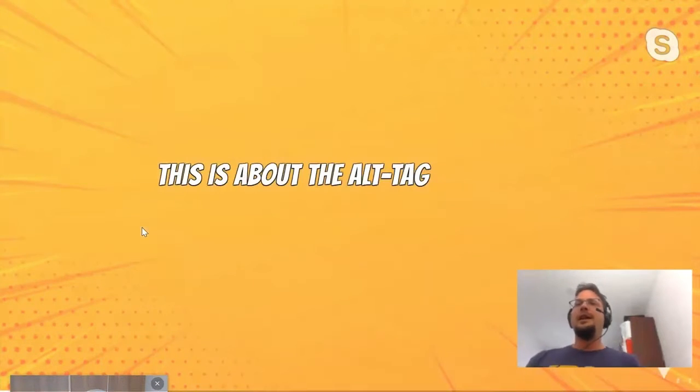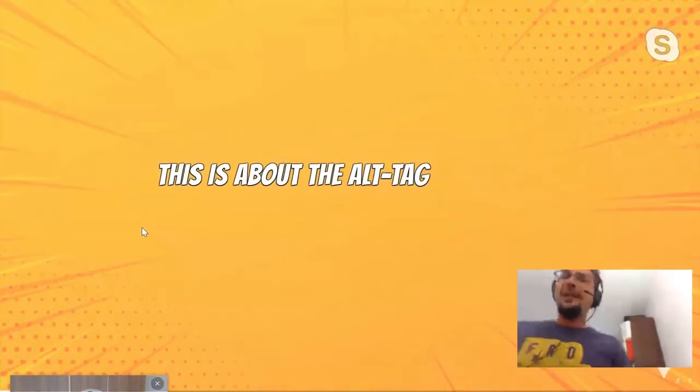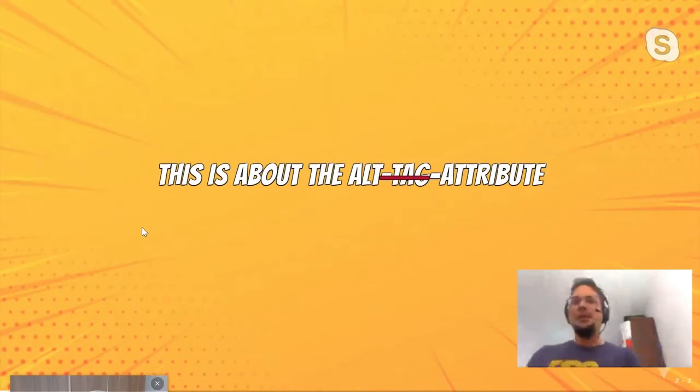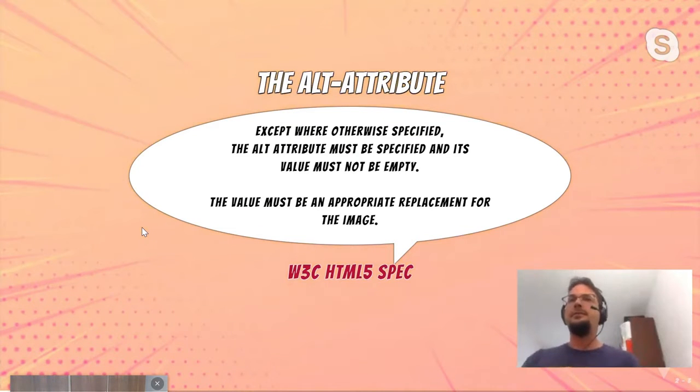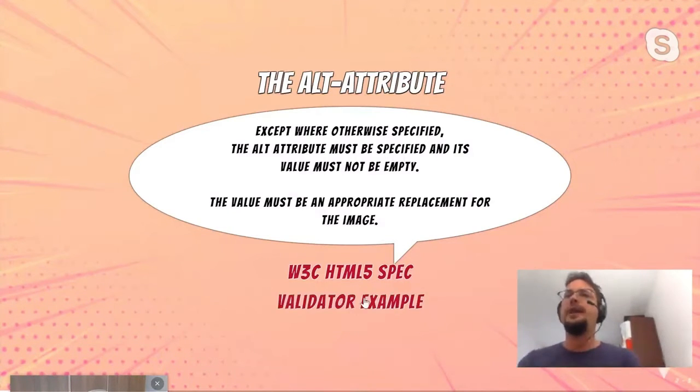Second, this is about the alt tag. Oh, sorry, alt attribute, of course. As you all know, if you use images on the web, you always need to use an alt attribute. It can be just a decorative element, but it needs to be set.